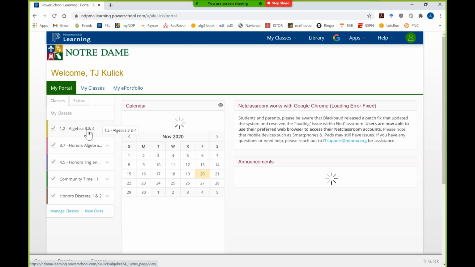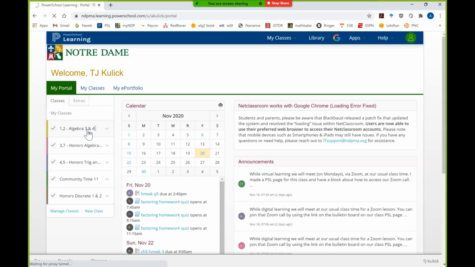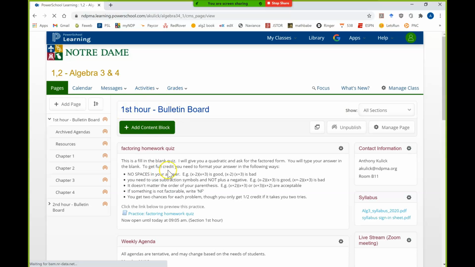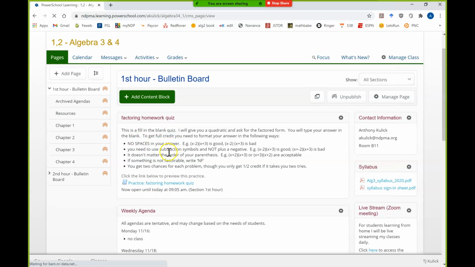If I go to our class page, and I look at the bulletin board here for first hour, you're going to see a factoring homework quiz tab, or a content block.